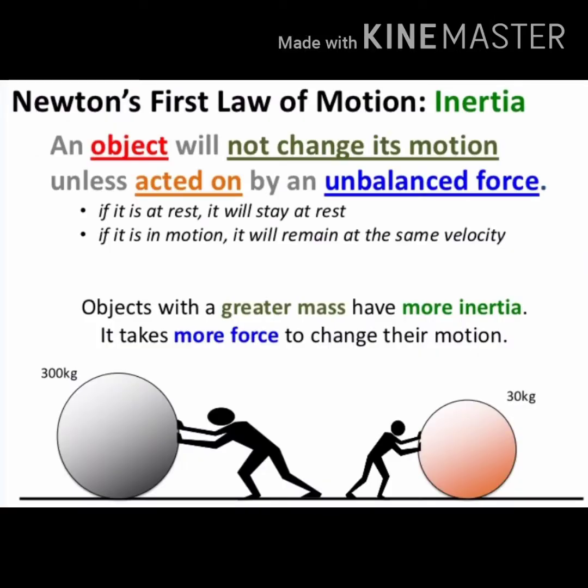The three laws of motion were put forth by Sir Isaac Newton. The first law of motion is related to inertia. Students, you must have played tug of war, right? There is a rope in the center, and that rope has to be shifted to either side, and that side wins the match.